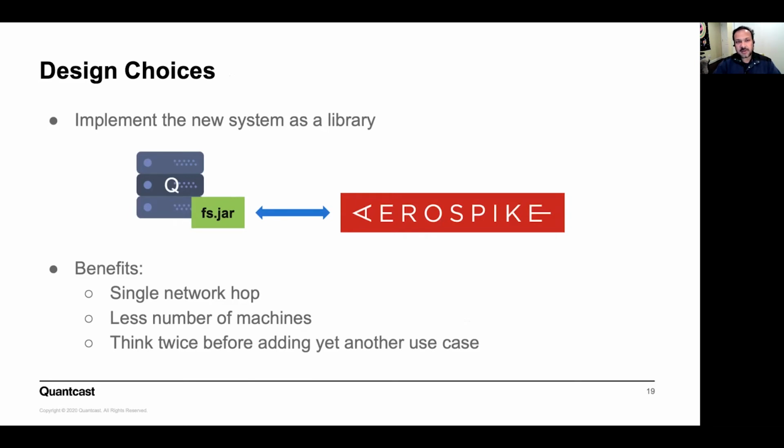Once we had decided that Aerospike fit the requirements that we had, we made a few design choices. One of the important things was that we decided to implement this new system as a library. So anyone who wanted to use Aerospike would talk to Aerospike through the library that we had designed. The benefit of using this library was that the business logic would be separate from the data.